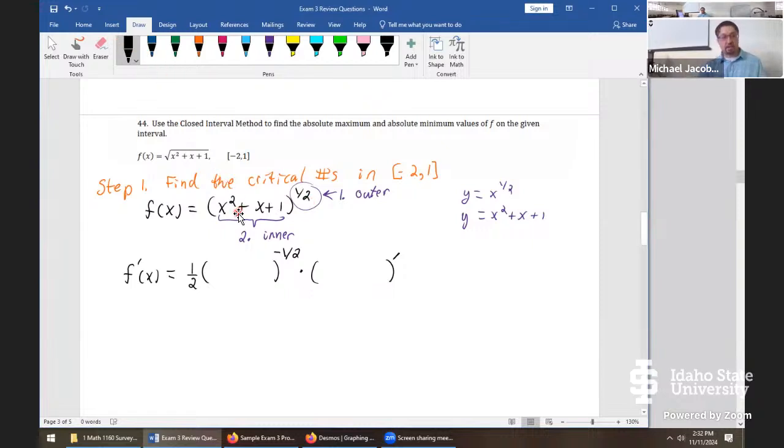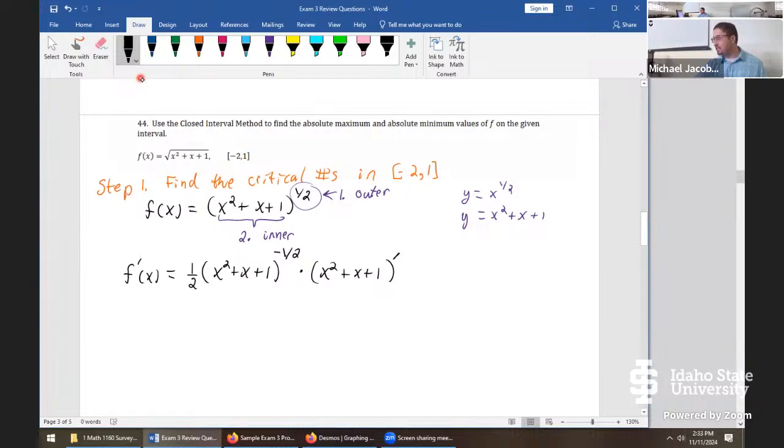That something is now the inner function, x squared plus x plus 1. It goes here where it's finalized, no change. And it goes here, x squared plus x plus 1, where we do differentiate it. That's why this says 2, just as a reminder that you differentiate that one second.